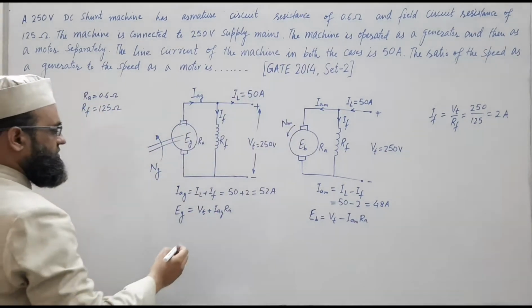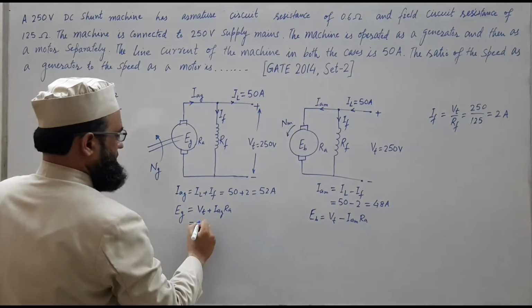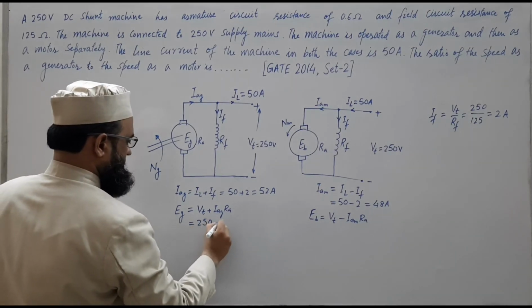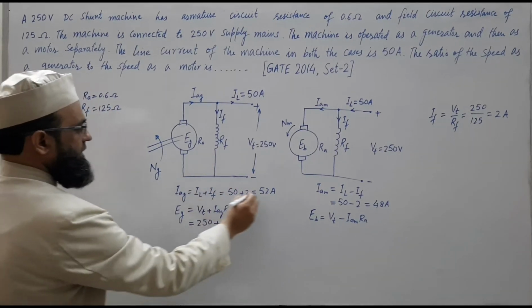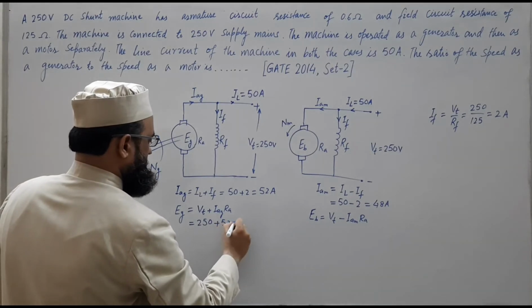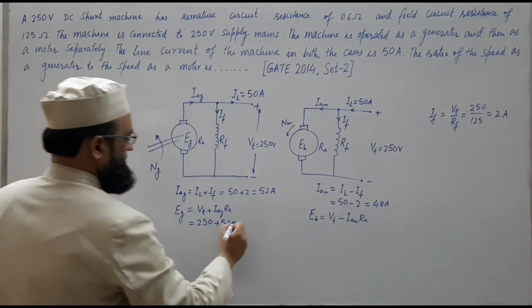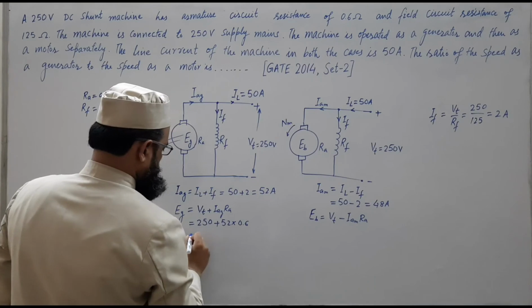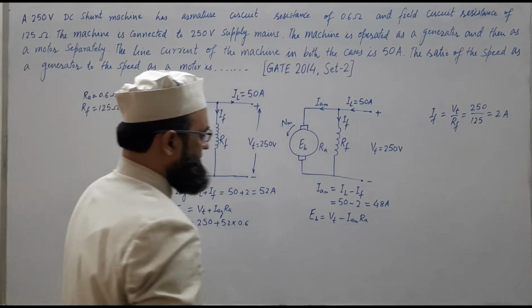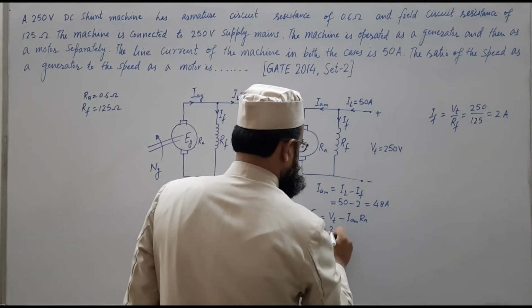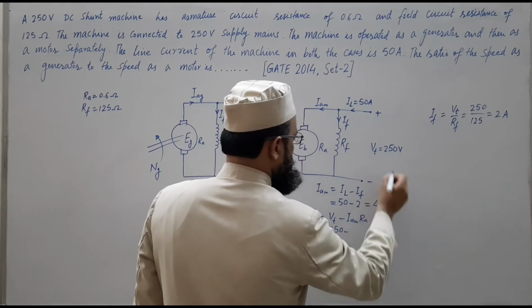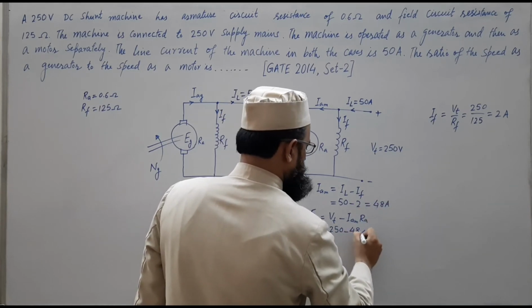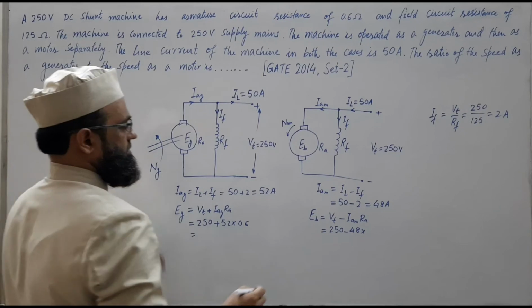So substitute the values. So Vt is 250 plus IAG we have evaluated as 52, RA is 0.6. So this is coming out to be, just evaluate it, and here also 250 minus IAM is 48, RA is 0.6.